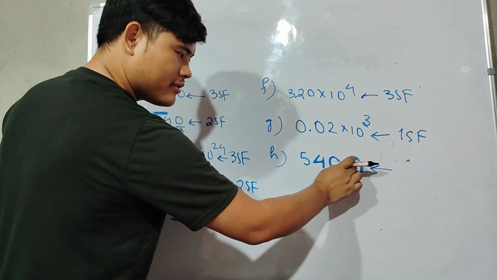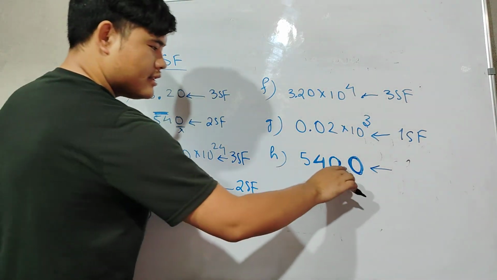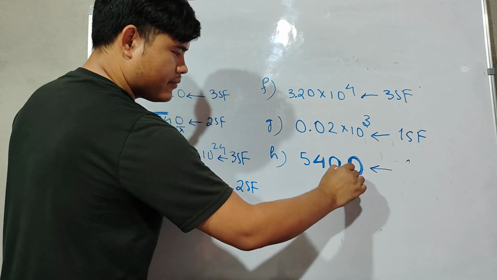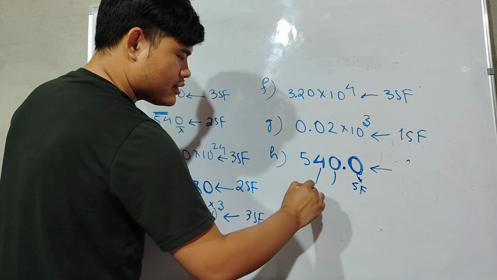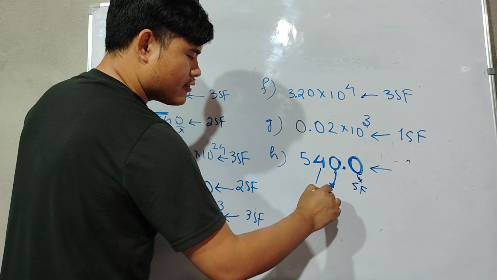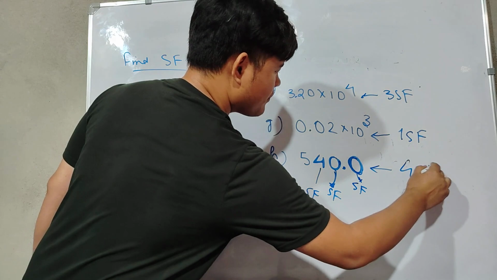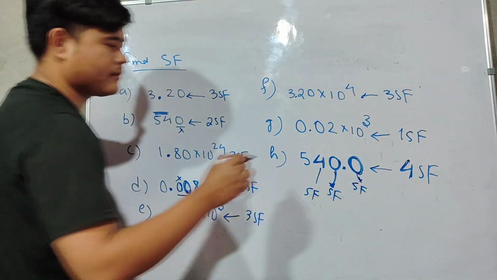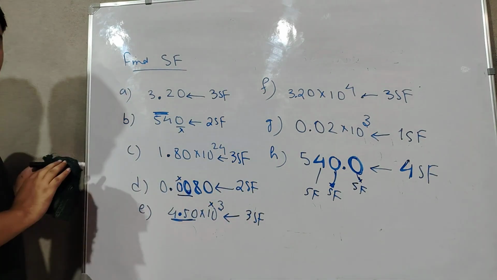This 0 is considered significant, and this 4 is significant. Is the 0 at the last or not? So this one is a significant figure, and this one is also a significant figure. So this 0 also becomes significant. So 4 significant figures we have here. Okay, that's all for finding the significant figures.